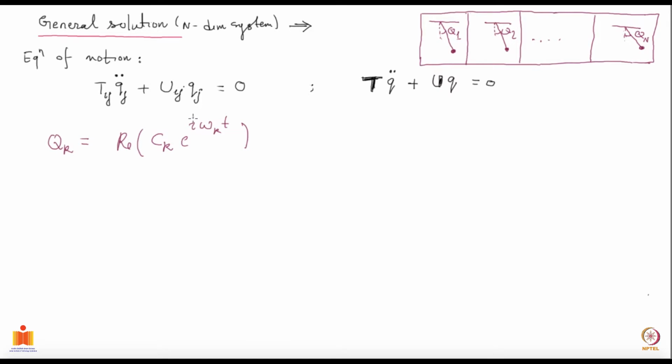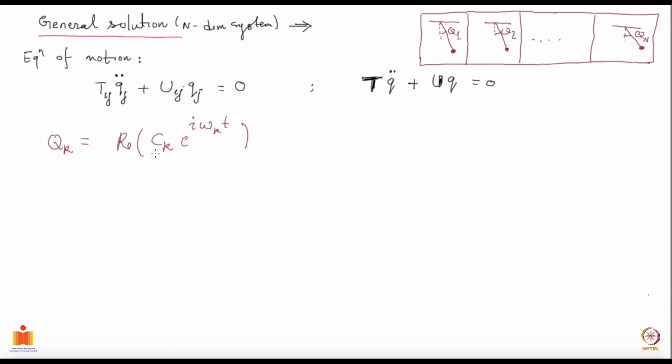Okay, ck is complex, which encodes the amplitude and the phase. So the phase part of ck gives you the phase of the oscillator k, and the radial part gives the amplitude. So that's what your normal coordinate k is.